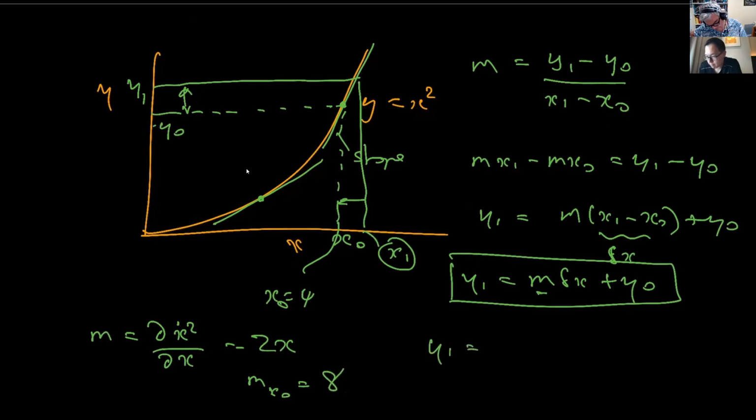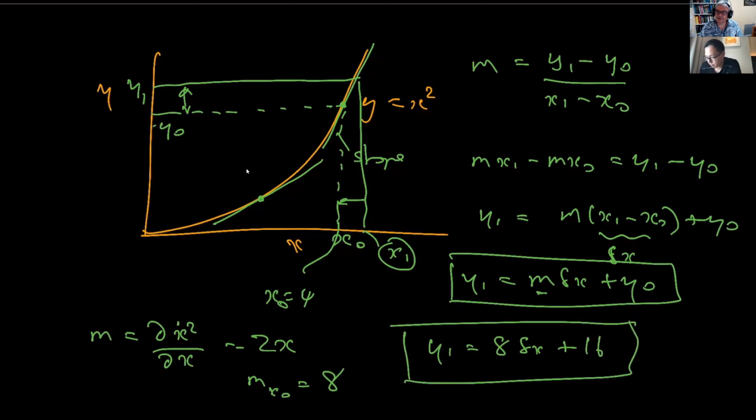So y1 equals 8 delta x plus y0, and y0 at x0 equals 4 is 16. So that's the linearized equation for y equals x squared at the point x0 equals 4. It'll be different at different points, because this number and this number will change. But I can use this to predict a y1 given a delta x around x0 equals 4.